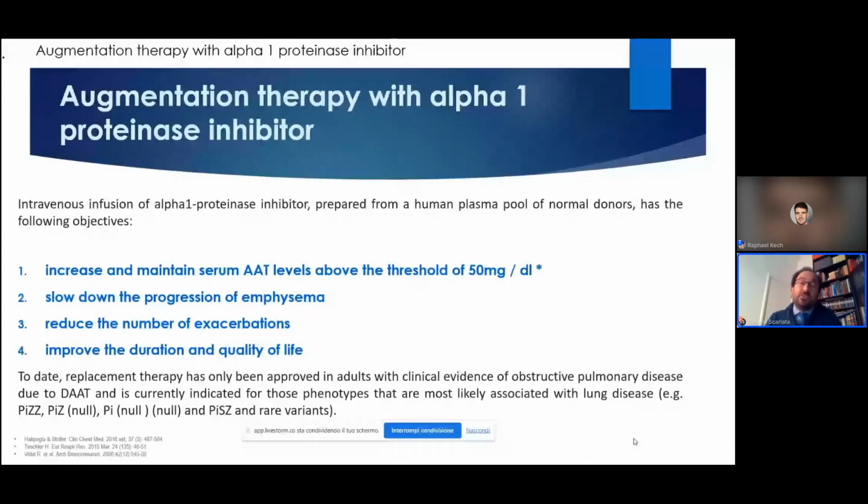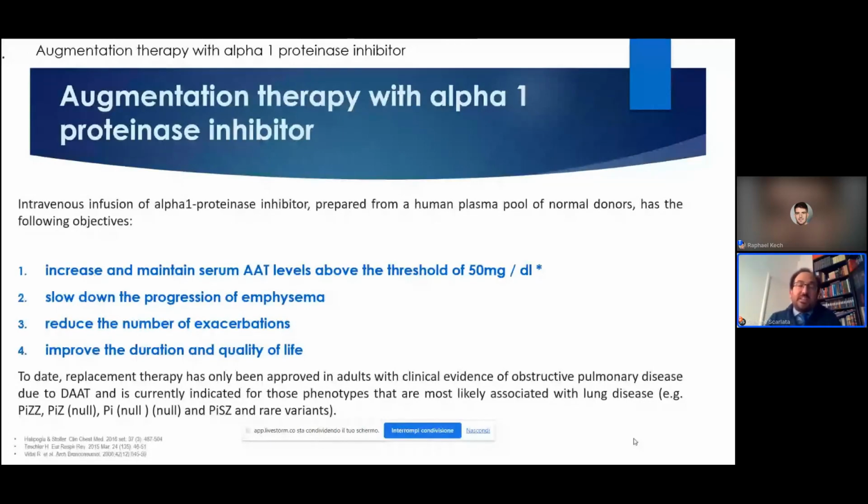All these features and aims together allow the clinician to reach the last main goal, that is improving the duration and quality of life, and as I'm going to show you in a moment, even the survival of the patient.